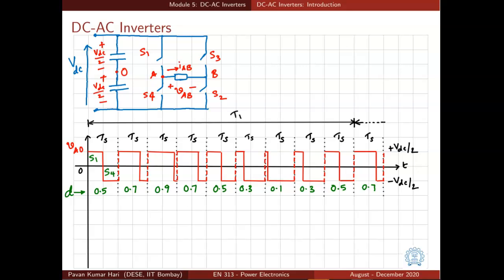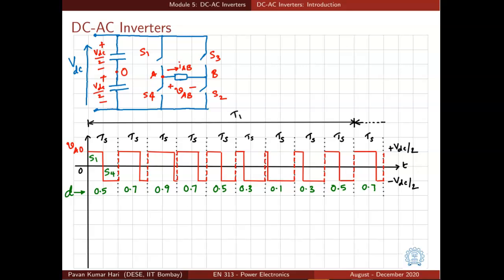Then in the next, or the fourth, interval of TS, we are going back. We have reduced the duration for which S1 is on, so the duty cycle is 0.7. Then again it becomes 0.5. Then 0.3. Then 0.1. Then 0.3, and it reaches 0.5 again here.